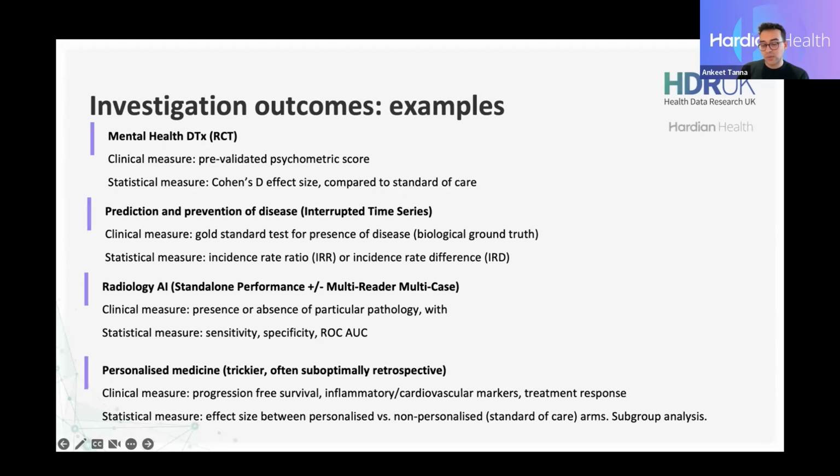So is it going to be a blood test or a PCR test to test for the presence of a disease? And then your statistical measure may be the incident rate ratio or the incident rate difference pre and post intervention of this track and trace app. So that would be an interrupted time series design where you measure the rate of infection before the intervention and after, and you determine whether the intervention has a significant improvement in the incidence rate.